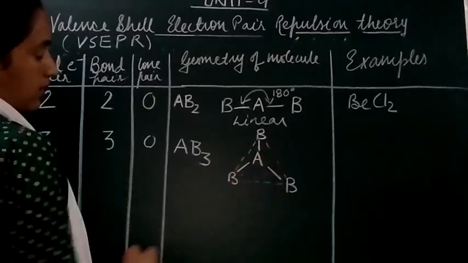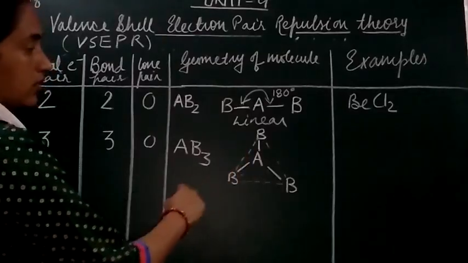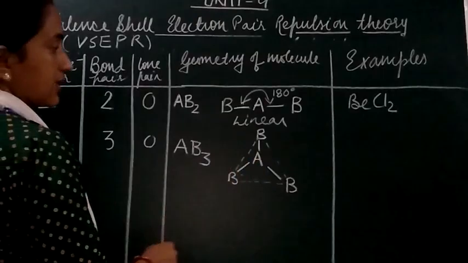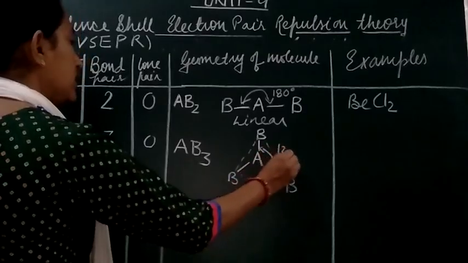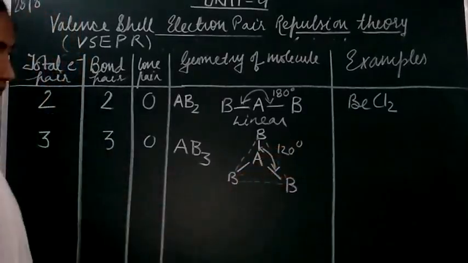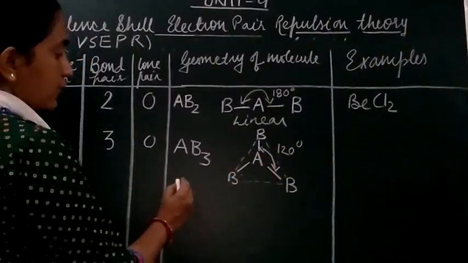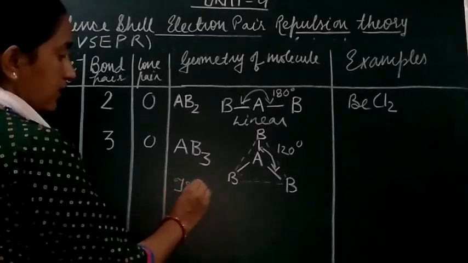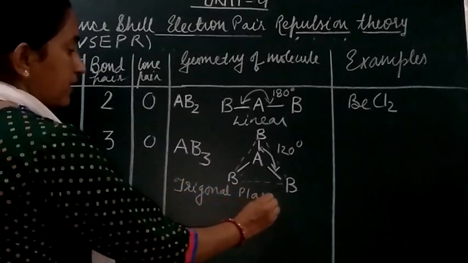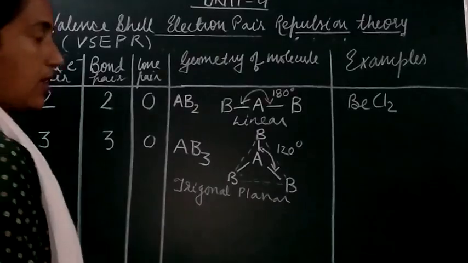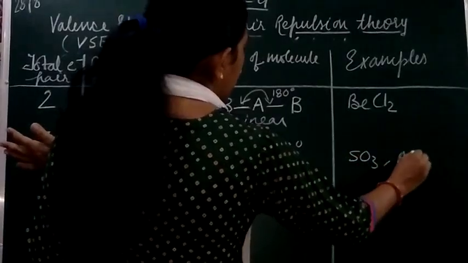Overall it is 360 degrees, and we have three bonds, so the bond angle comes to be 120 degrees. This shape is known as the trigonal planar shape. Here we can have the examples of SO3 and AlCl3.